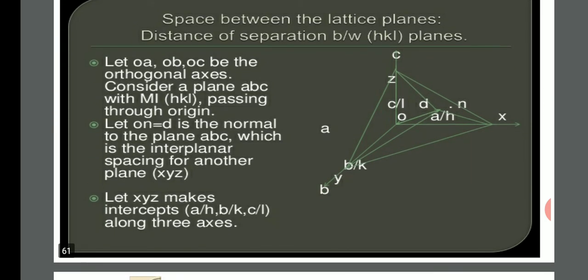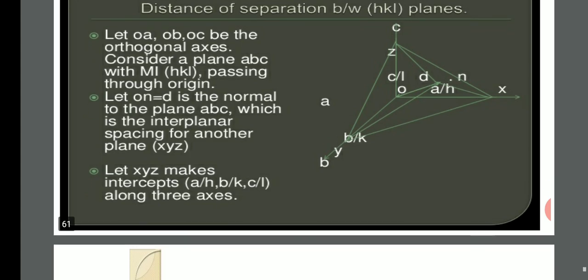Spacing between the lattice planes, the distance of separation of the (hkl) planes. Let OA, OB, OC be the orthogonal axes. Consider a plane ABC with Miller indices (hkl) passing through the origin.